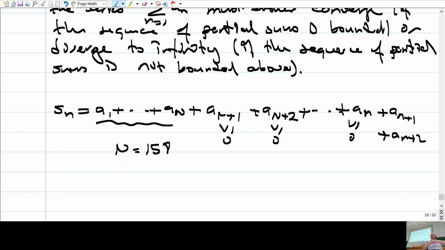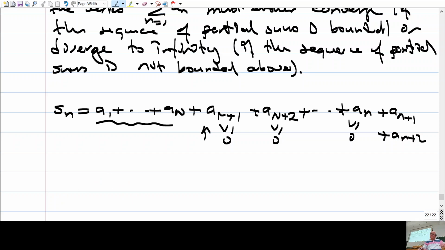So Sn is ultimately increasing. I have this sequence S1, S2, S3. The first terms may not be increasing, because the an's could be positive or negative, so it can be like this. But after the Nth term, you are just adding positive numbers each time. Therefore, the sequence will be increasing.